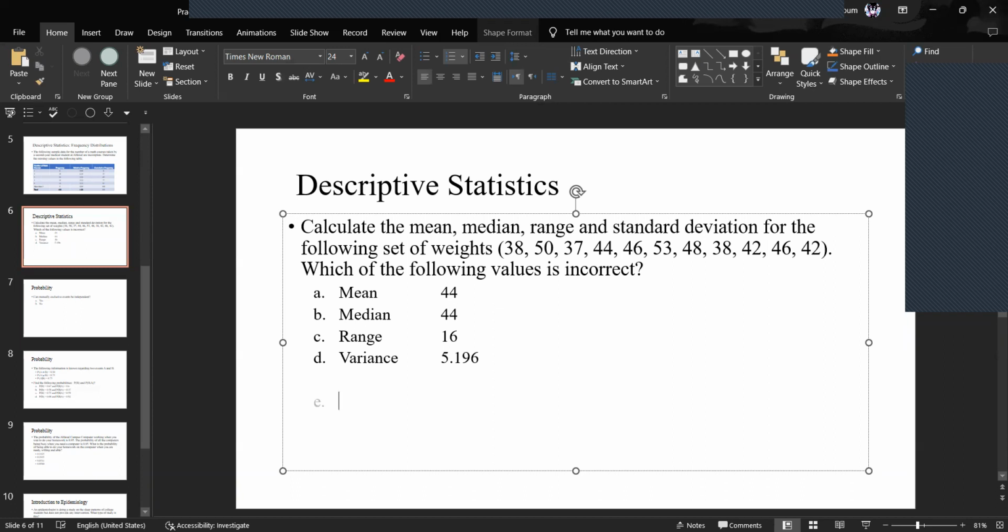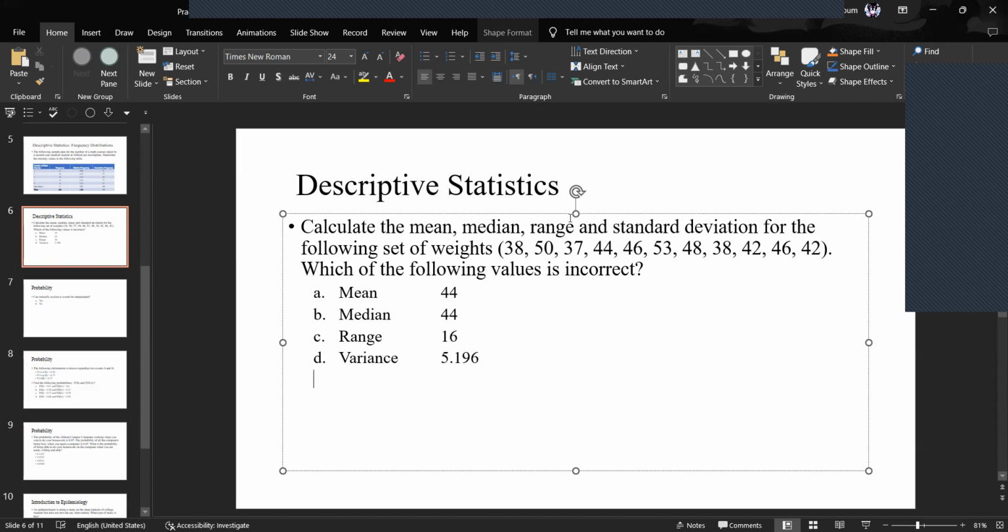And so what you want to do is a whole bunch of maths. But basically, let's start with the mean. So 38 plus 50 plus 37 plus 44 plus 46 plus 48 plus 38 plus 46.